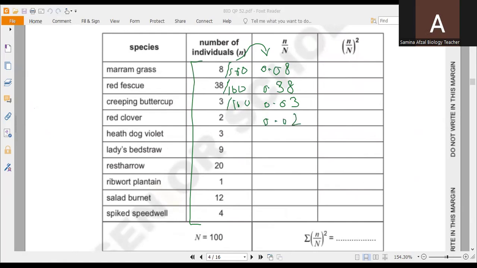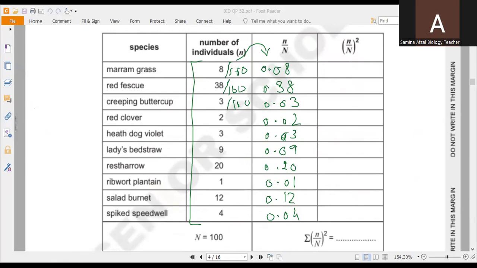I'm calculating it with the calculator, so you also calculate it with a calculator. 0.03 and 0.09, 0.20, and then 0.01, 0.12, 0.04.